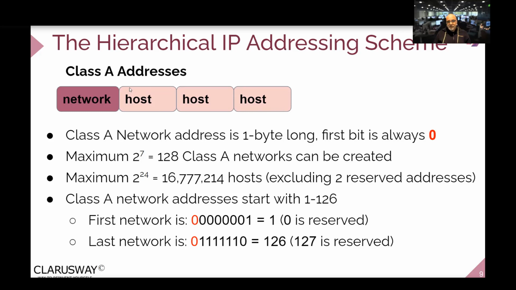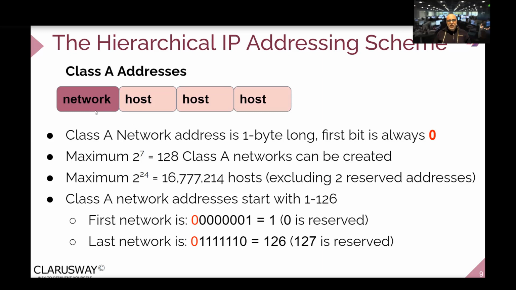That's 24 bits. So if I have 24 bits, how many different combinations of 1 and 0 can I have? Or how many different numbers can I have with those 3 bytes? It's going to be 2 to the power of the number of bits, which is 24. That's going to be over 16 million.